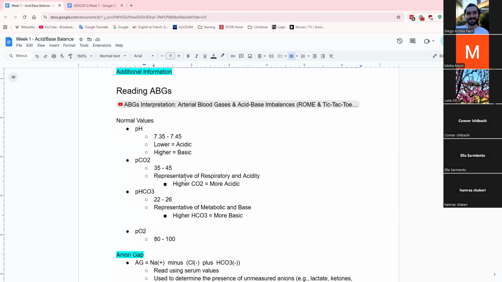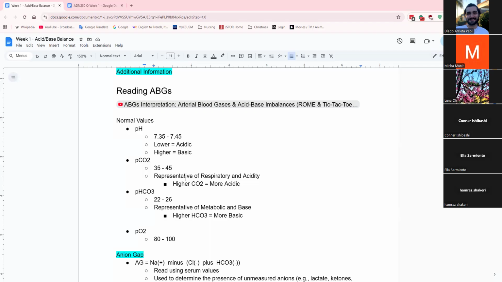So this is a value that represents your respiratory system. And your CO2, carbon dioxide, is also an acid, has acidic properties to it. So the higher the number of CO2, the more acidic something is. And we'll talk more about the representation of respiratory, what that means, when we go into interpretation.